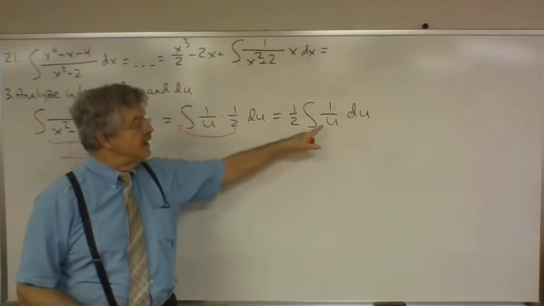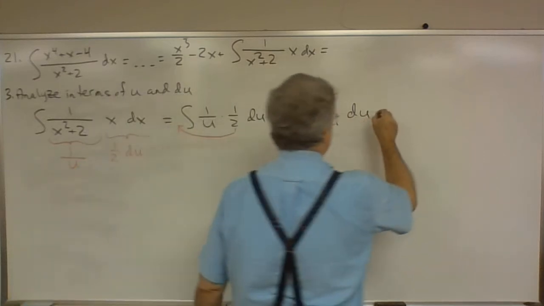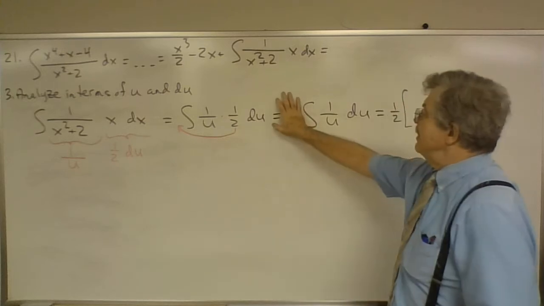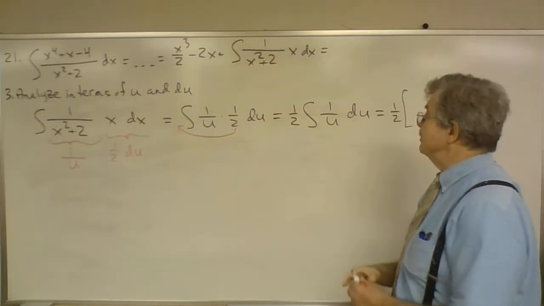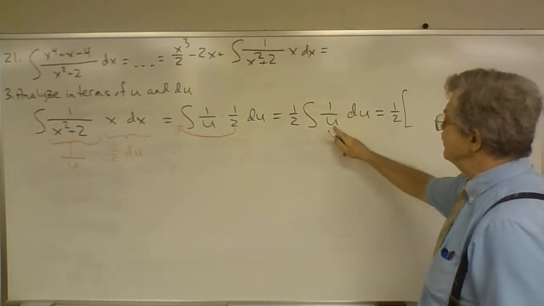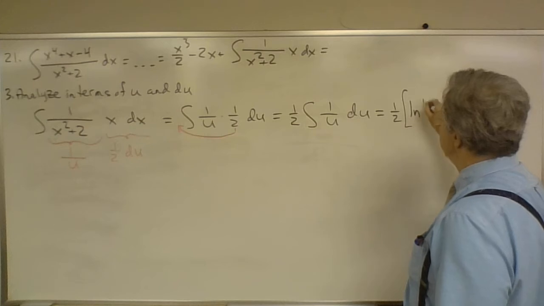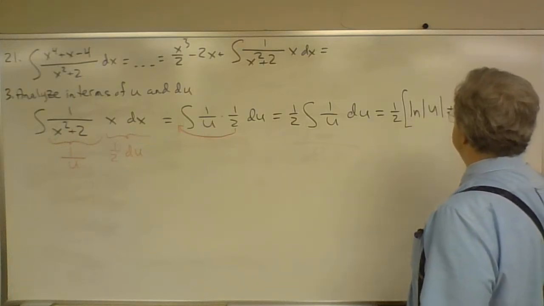A constant times an integral, or a constant times an antiderivative: we write the constant down, and then we forget about it and compute the antiderivative. The antiderivative of 1 over u with respect to u is the natural log of the absolute value of u plus c.